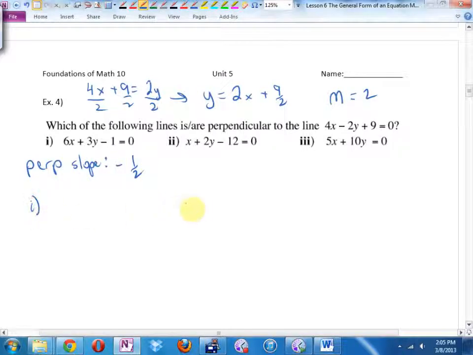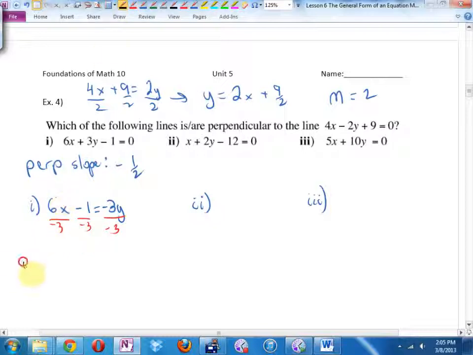Let's rewrite line 1. Let's rewrite line 2. Let's rewrite line 3. Line 1, I think the first thing that I would do is I would minus the 3y to both sides. Yeah? And then divide by -3, divide by -3, divide by -3.